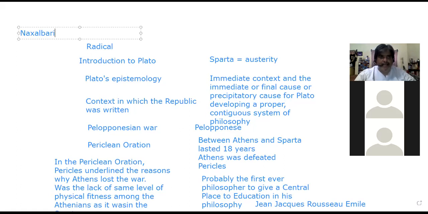So radical will be the opposite of the establishment, as it is called. The establishment symbolizes the source of power in terms of knowledge.